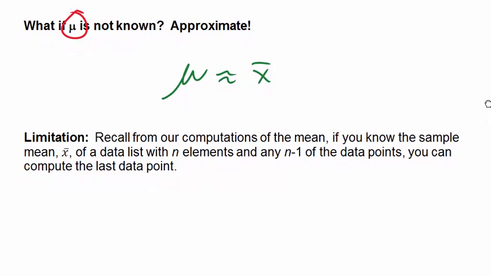Here's a subtle implication that's going to come out for us as we adjust for samples instead of populations. Remember back when we were talking about means, we realized that if I already knew the mean of a data set, and the data set had however many elements in it, we had an example in the last video of imagine there were 5 test scores, and you wanted your final test score average to be, let's say, a 90, and you had 4 test scores.